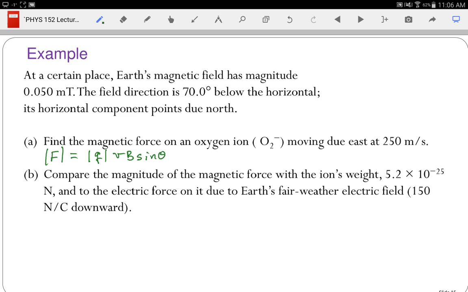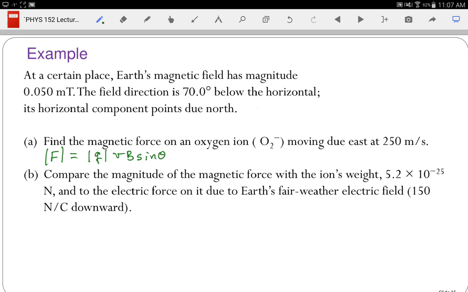Not 20 degrees. I will use my arms to illustrate. Here's 70 degrees below north. Here is east. What's the angle between those? It's 90 degrees. One's in the north vertical plane, and one is in the east direction. The east direction is perpendicular to the north vertical plane, so the angle between them is 90 degrees.